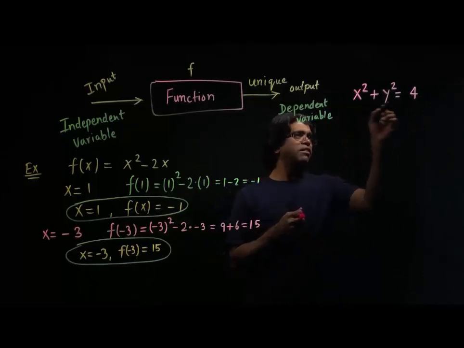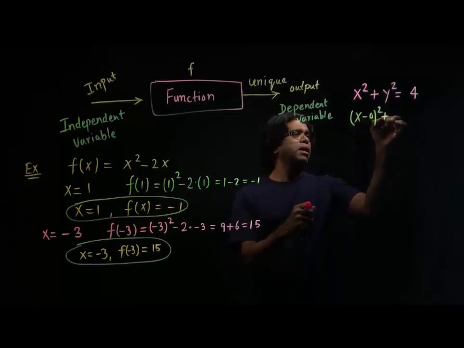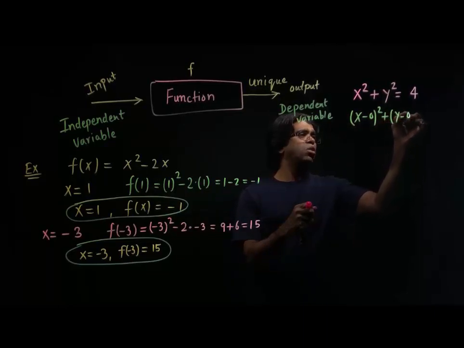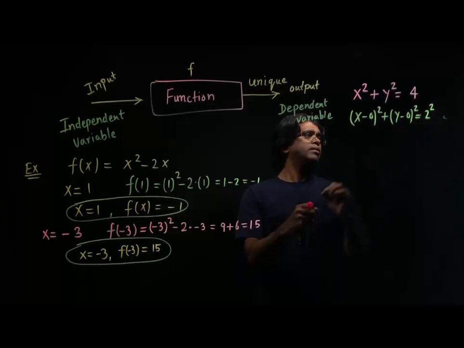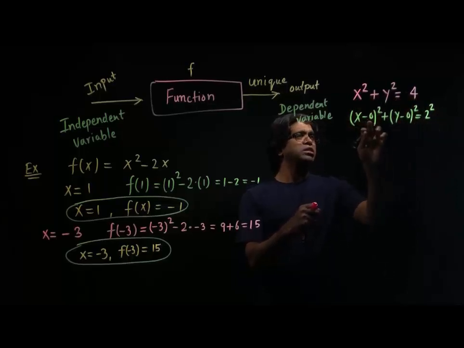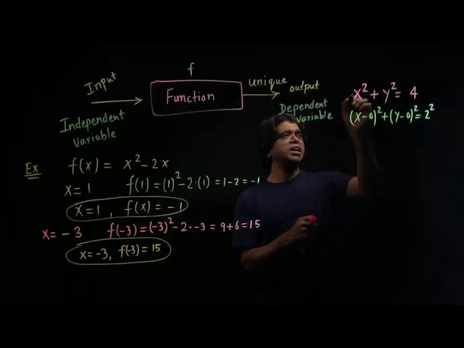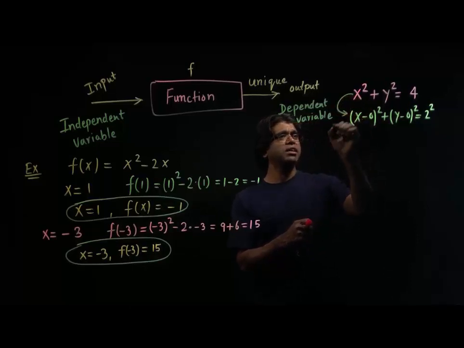As you can see, I can write this circle as x minus 0 whole squared plus y minus 0 whole squared is equal to 2 squared. Because 4 is basically 2 squared and x minus 0 is basically x squared and y minus 0 whole squared is y squared. So basically I can write this equation as this.